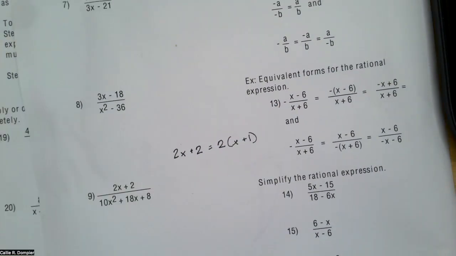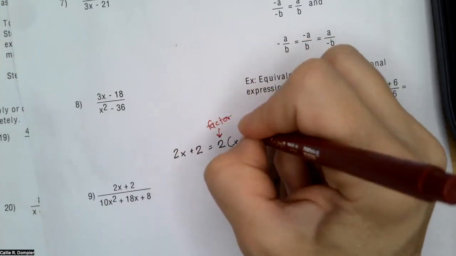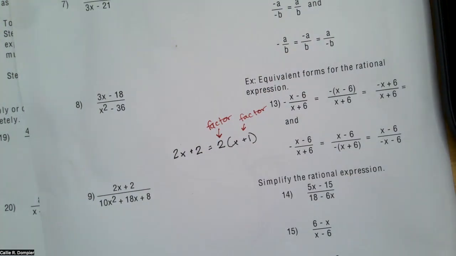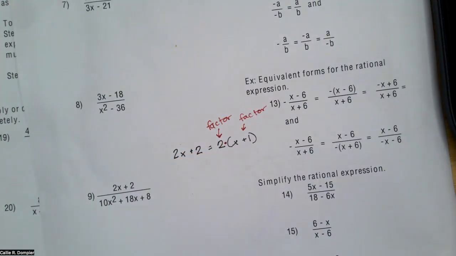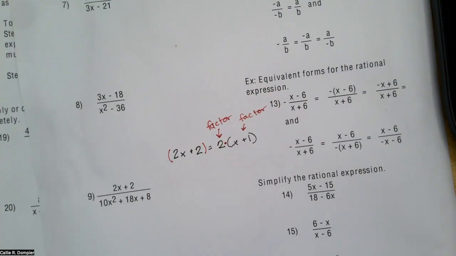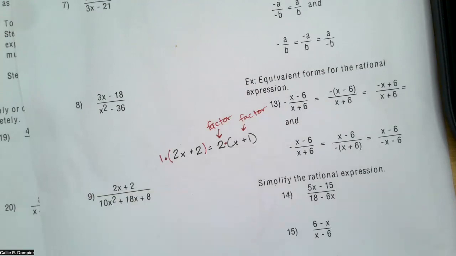I can factor out a 2. Now, this is a factor. And this is a factor. Because you're multiplying them. Or you can just say the whole thing can be factored, right? Or is a factor of itself times 1.